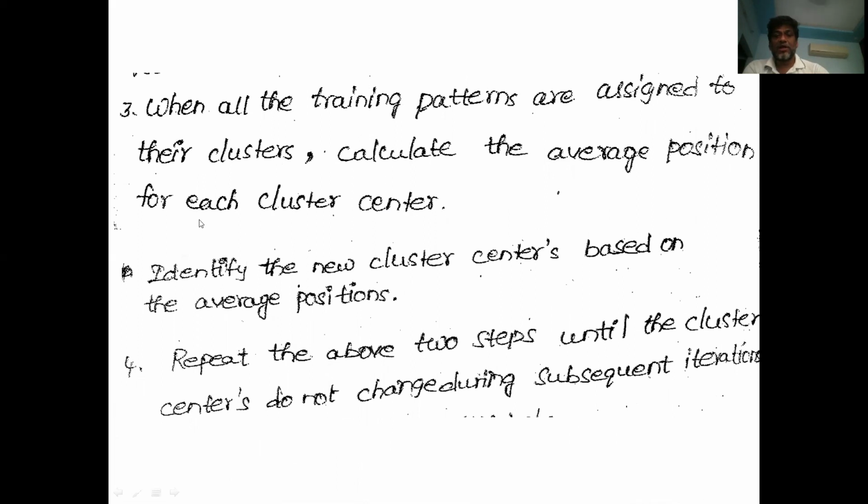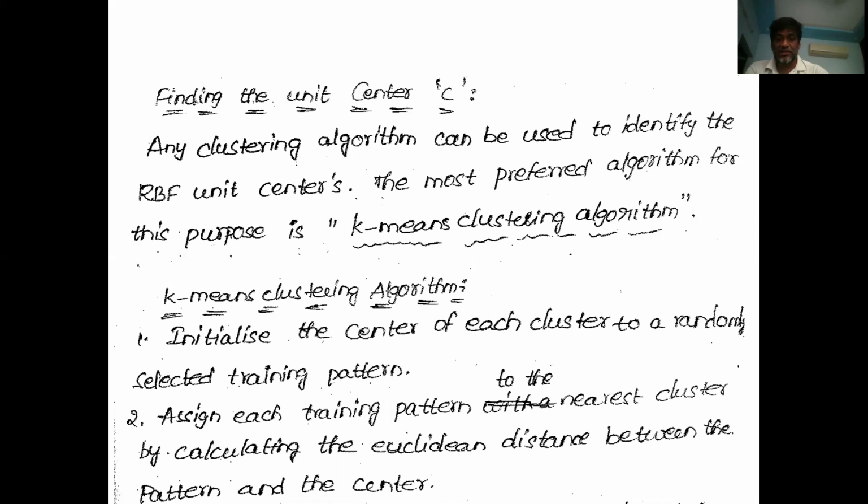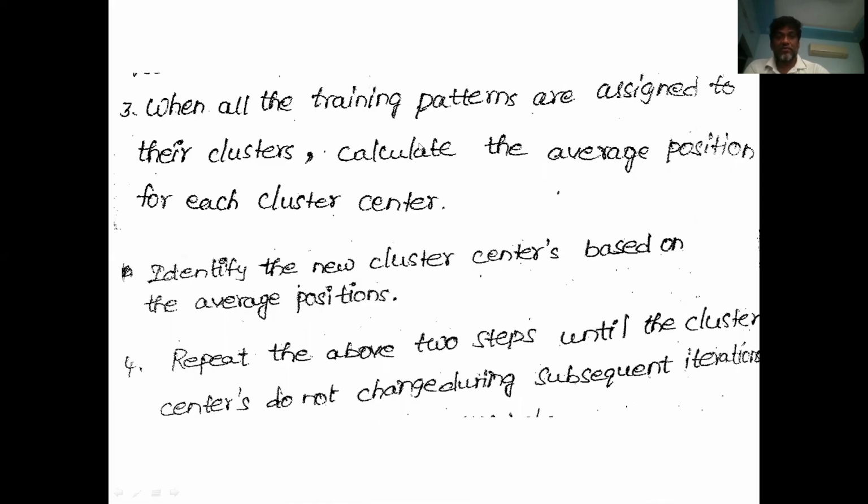So now all the input patterns are grouped into several clusters based on this Euclidean distance. All the training patterns are assigned to their clusters. Calculate the average position for each cluster center. Okay, so we'll identify the average position for each cluster center.